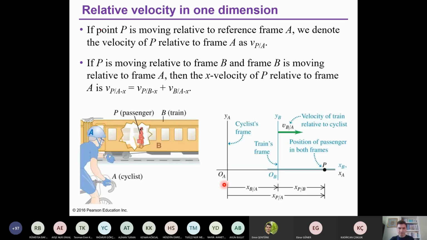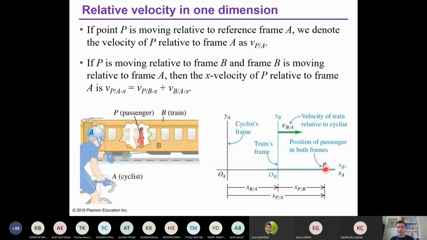Okay, so the cyclist is at rest at the origin of this frame, and this is the train's position, and this is the train's frame, xb, yb, and this frame, the frame of the train, moves relative to the cyclist with this velocity. Okay, this is the velocity of the train relative to the cyclist frame. And then here there is a passenger.